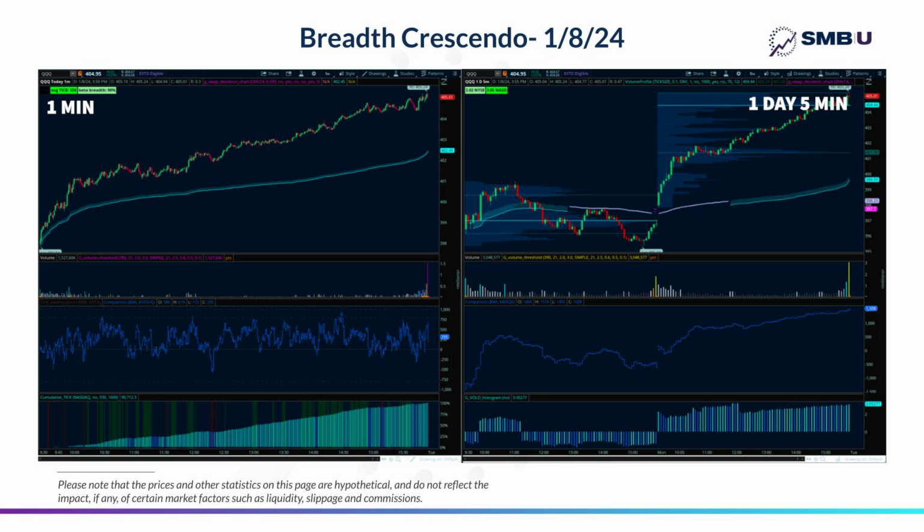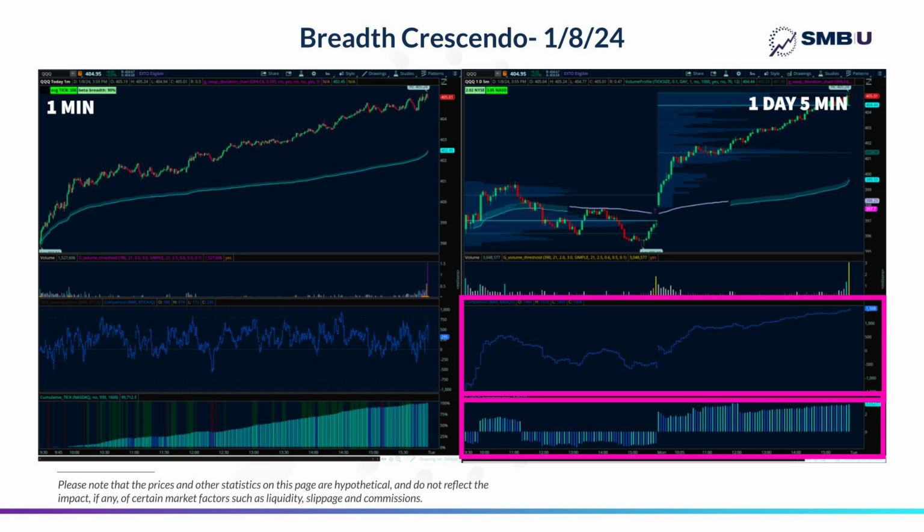This day is a lot more subtle. Often we don't get a gap or we get a small gap, like in this case. And what happens is the Vold ratio and the advanced decline are just going to be climbing all day, right? So we start off with fairly neutral, maybe slightly bullish readings, like nothing that's going to really get your attention and say, hey, I think this is going to be a trend day.